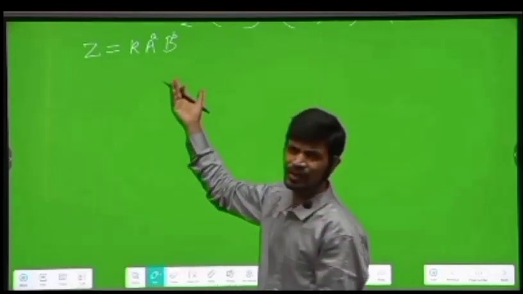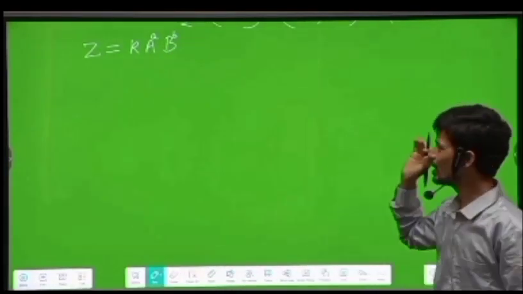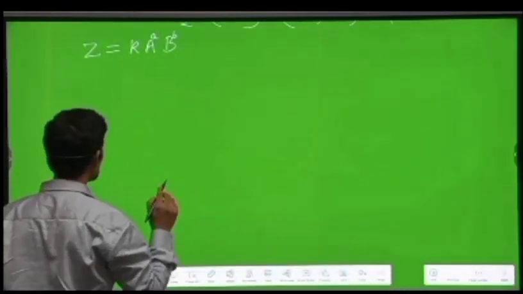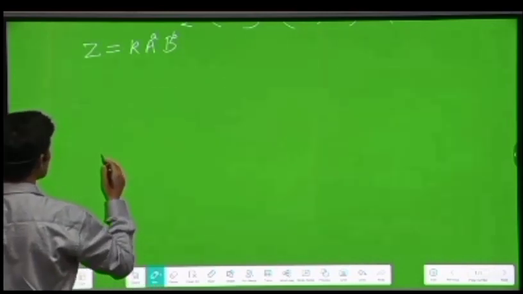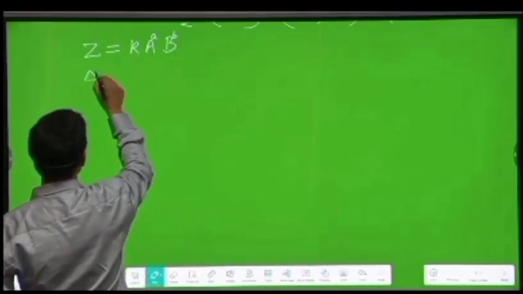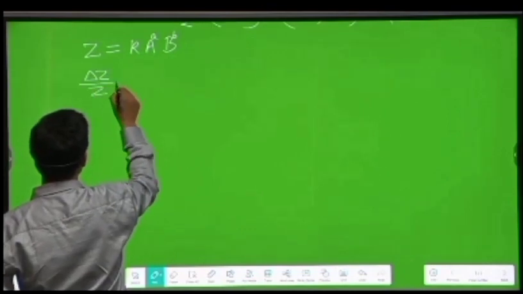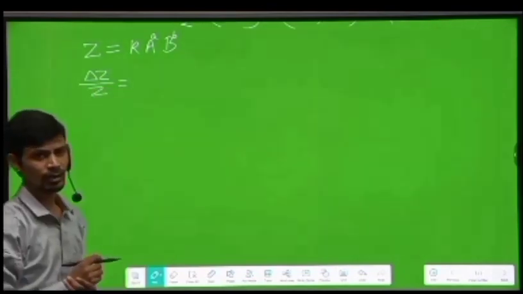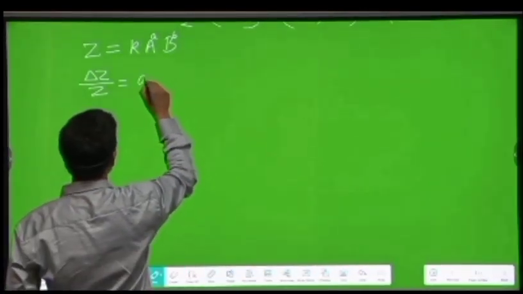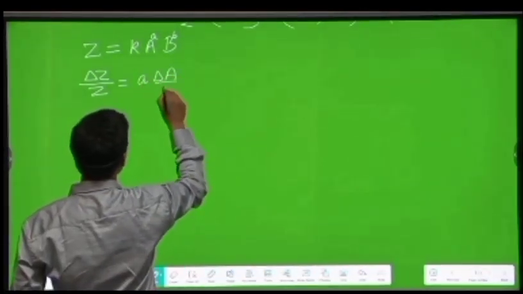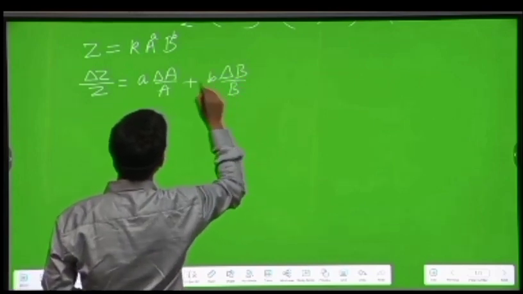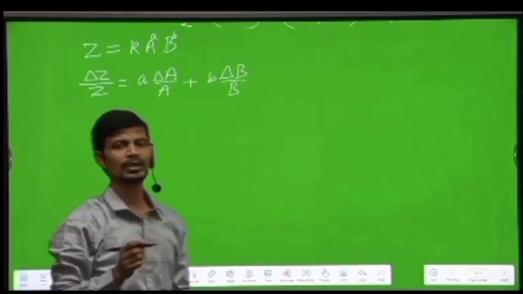There can be C to the power c also and D to the power d also. I'm leaving them. Then remember, in such a case, delta Z by Z, I'm directly imposing this formula onto you, is equal to a delta A by A plus b delta B by B. That constant will not appear in the formula.